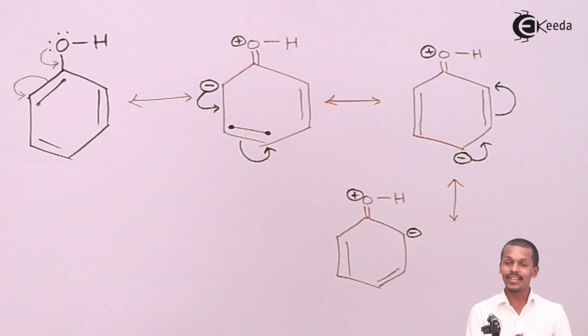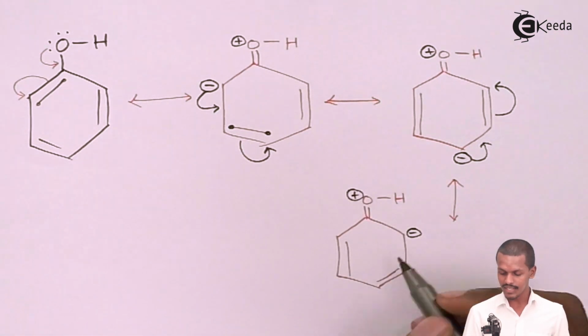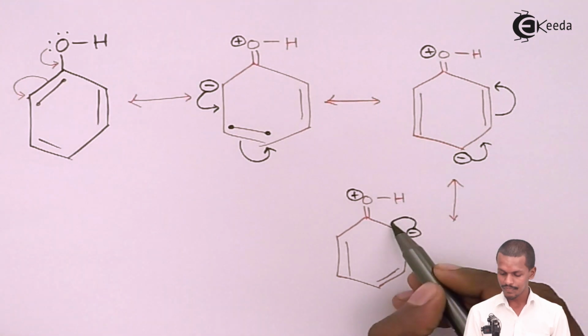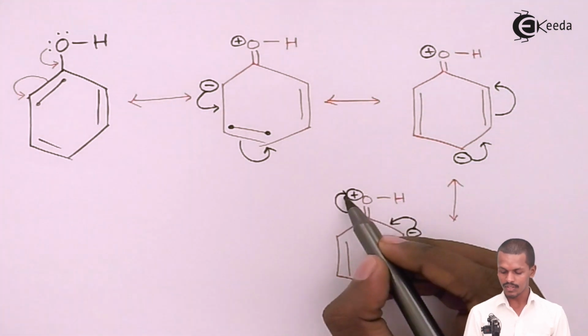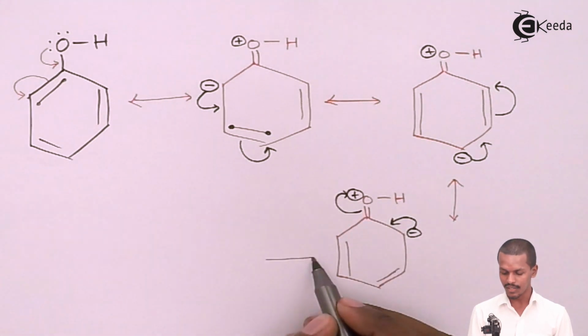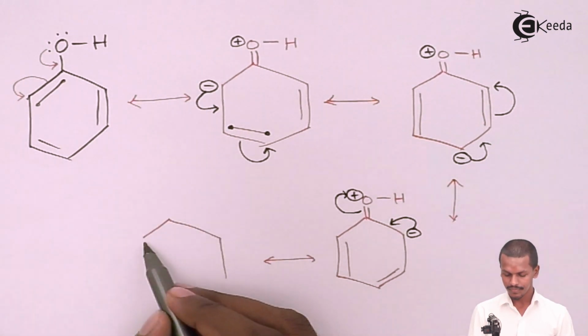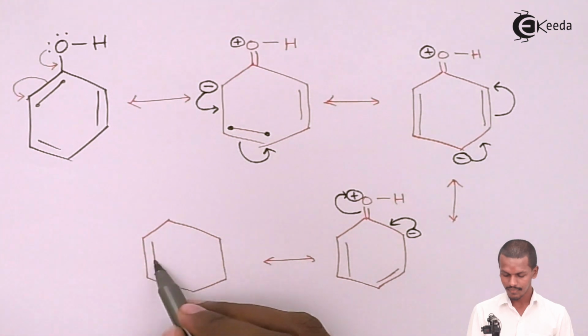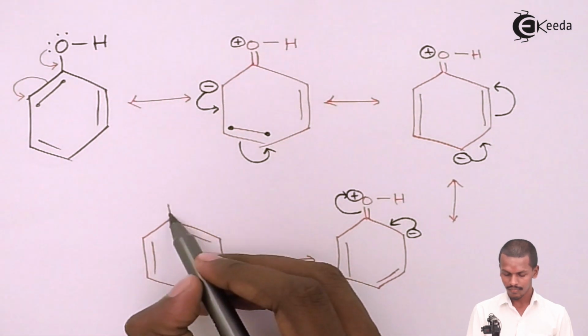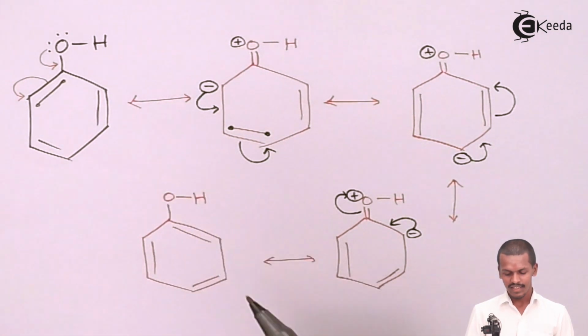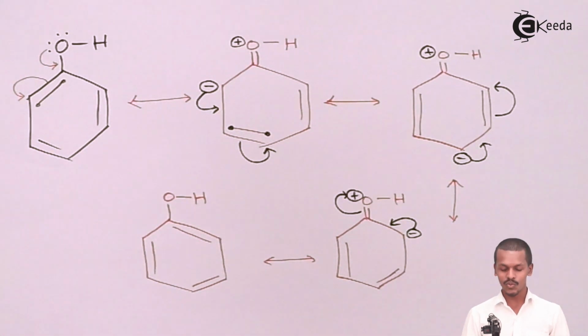And to complete the resonance, I will shift this electron to this carbon atom, and again this electron will be shifted onto the oxygen atom, forming a structure very similar to the first one that we have drawn over here. So basically this shows that phenol has resonating structures, as you could see over here.